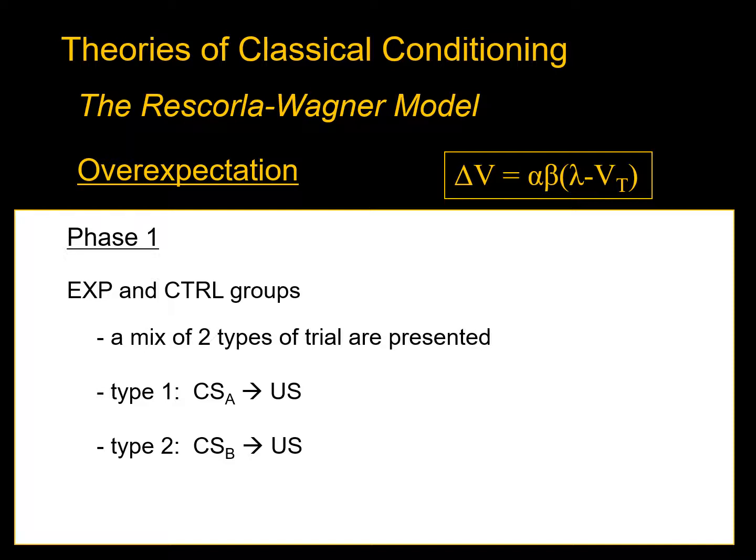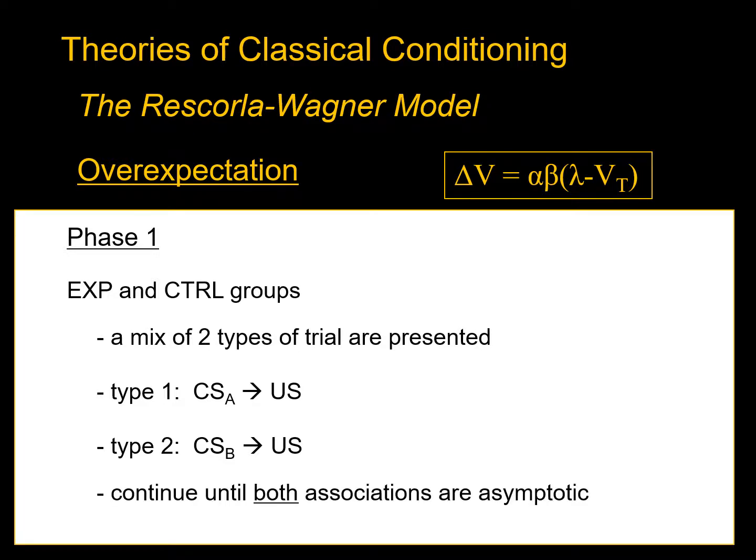And we'll run those phase 1 trials, mixing them up, one or the other kind, until both those associations seem to have hit asymptote. We've got them both about as far as they could possibly go, which would mean that, in theory, all our associative strength has been used up. Now, here things are going to be a little bit different than they were in the blocking situation, because in the blocking situation, we were presenting both CSs together as a compound. Here, we're presenting each CS individually with the US.